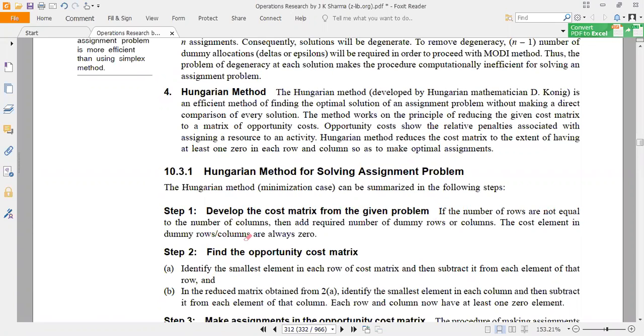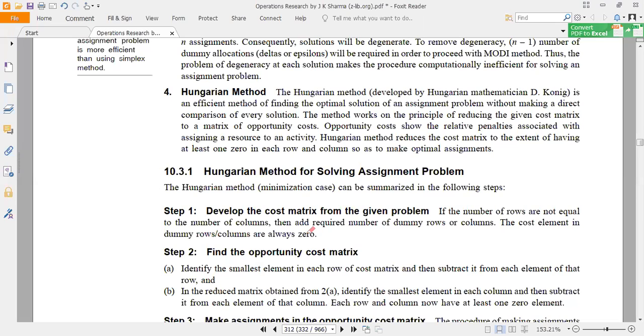The cost element in the dummy rows and columns is always equal to 0. If it is not a square matrix, we have to make it a square matrix by either adding a row or adding a column.